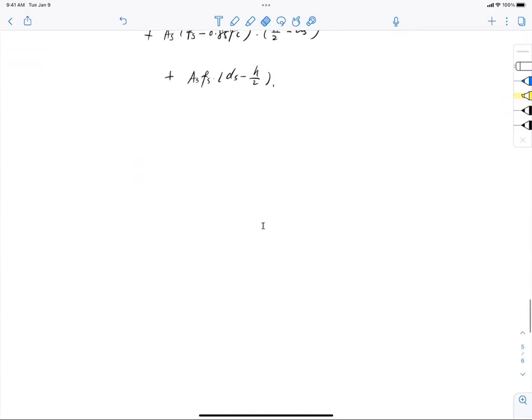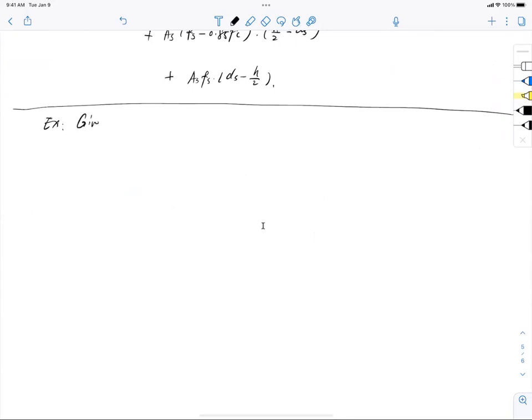With so many details in the equation, we can start working on the example now. To analyze a problem with a column, given the column section below, we are going to determine several things, and soon you realize these are basically points along this axial envelope.